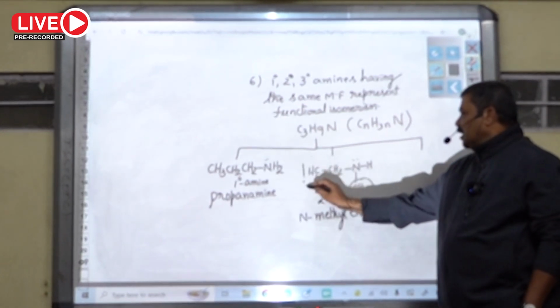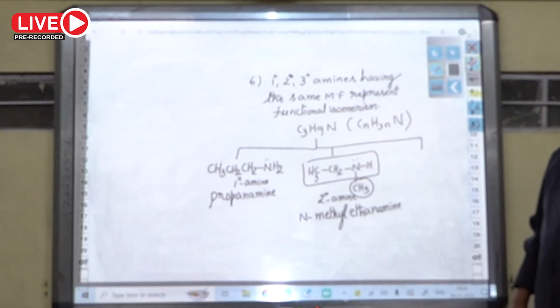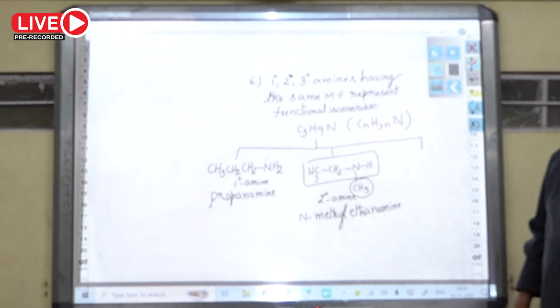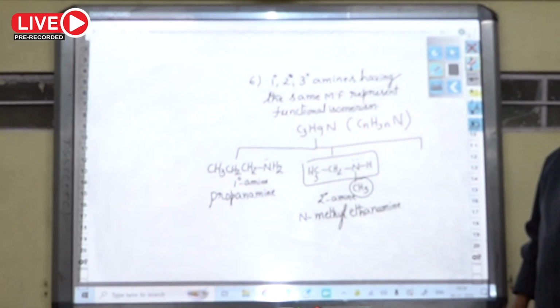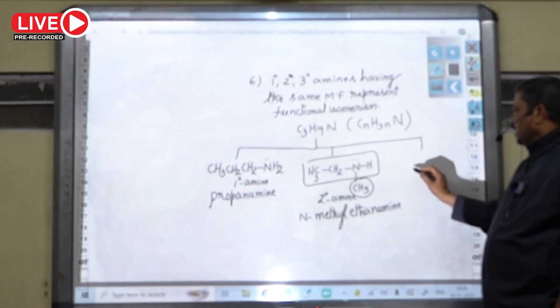This part is ethanamine. So N-methylethanamine. Common name ethylmethylamine.